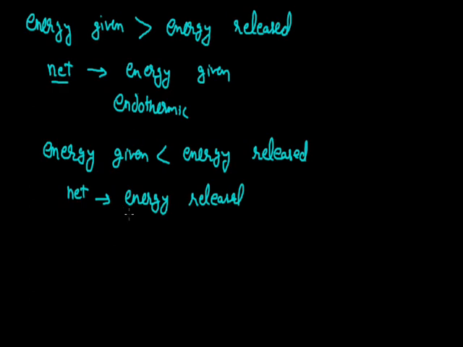And in this condition, since energy is released, the process will be termed as exothermic process. So whenever a change in energy occurs in a chemical change, that may be an endothermic change, or if the net process is the release of energy, that will be termed as exothermic change. Now we will be talking about various examples of endothermic and exothermic changes.